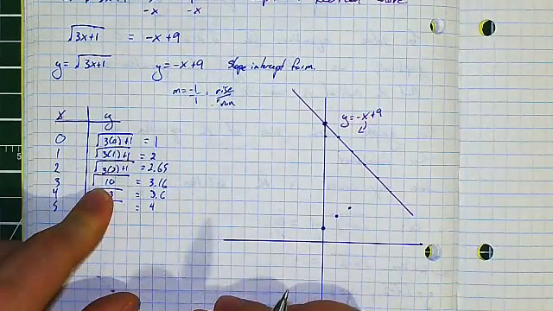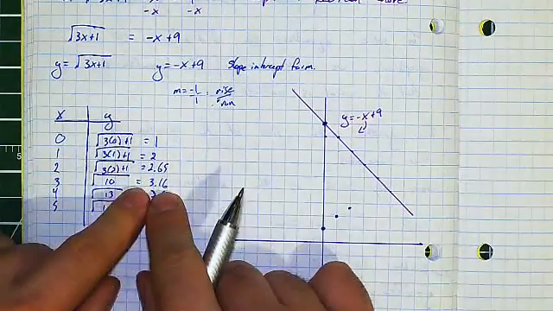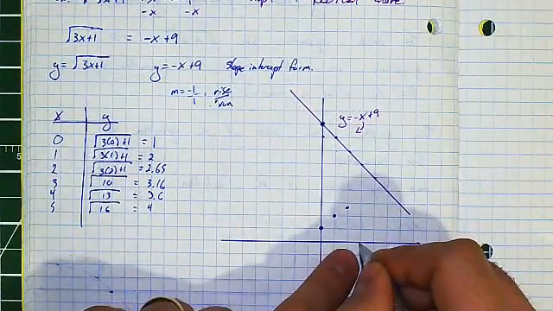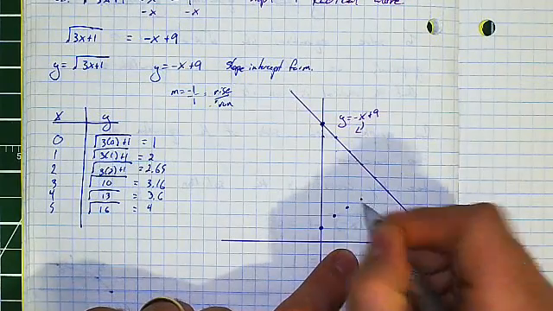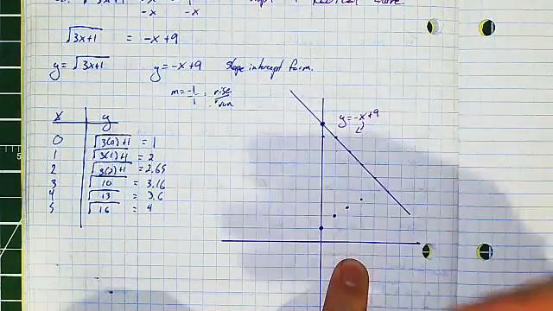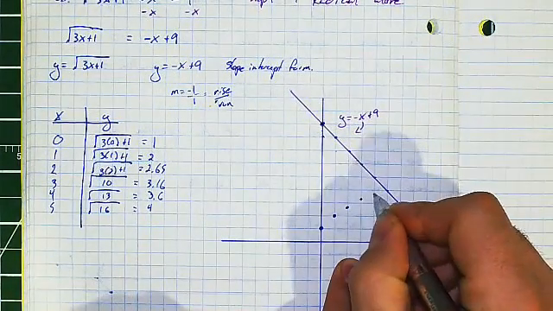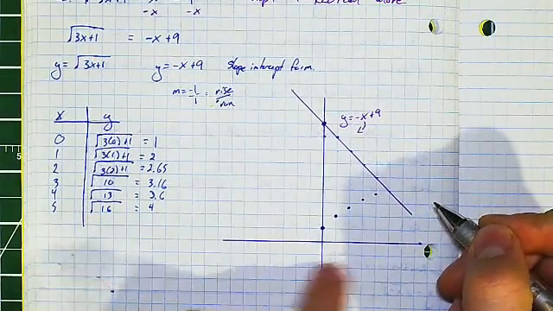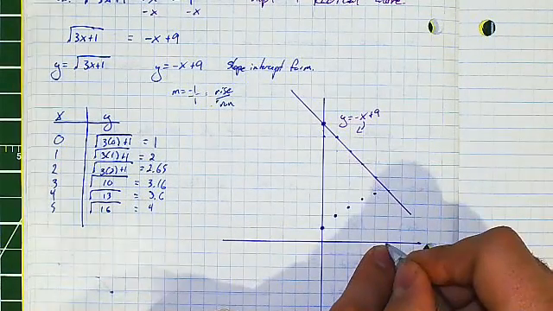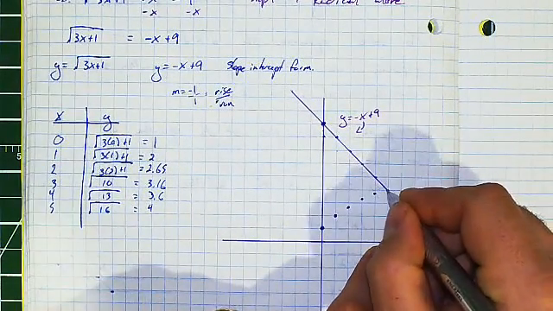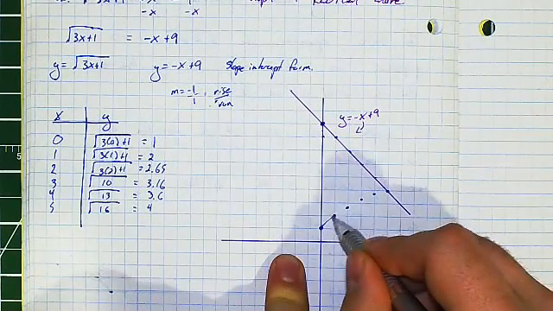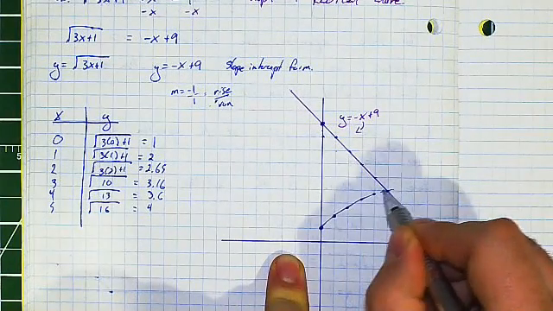So, jumping ahead, 3 times 3 is 9, plus 1 is 10. The square root of 10 would be 3.16. So about here. If we have 4 in our equation, we get square root of 13, which would be 3.6. And when x is 5, we know that our y value is 4. We can stop there.